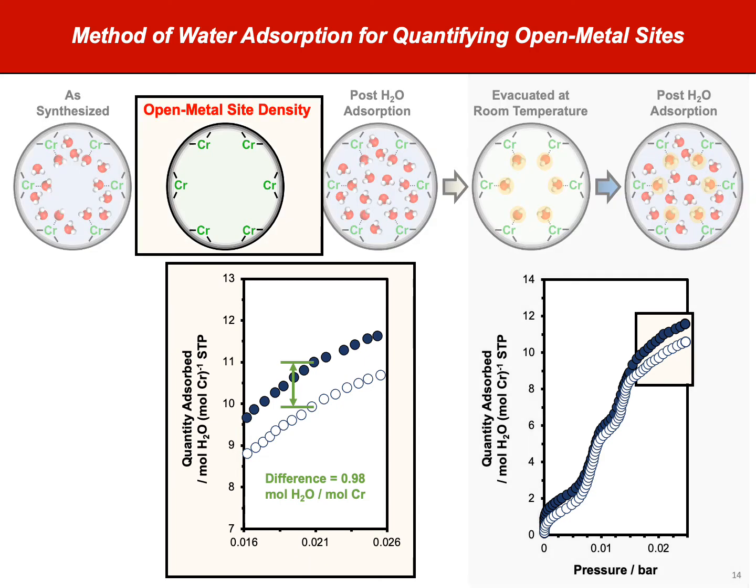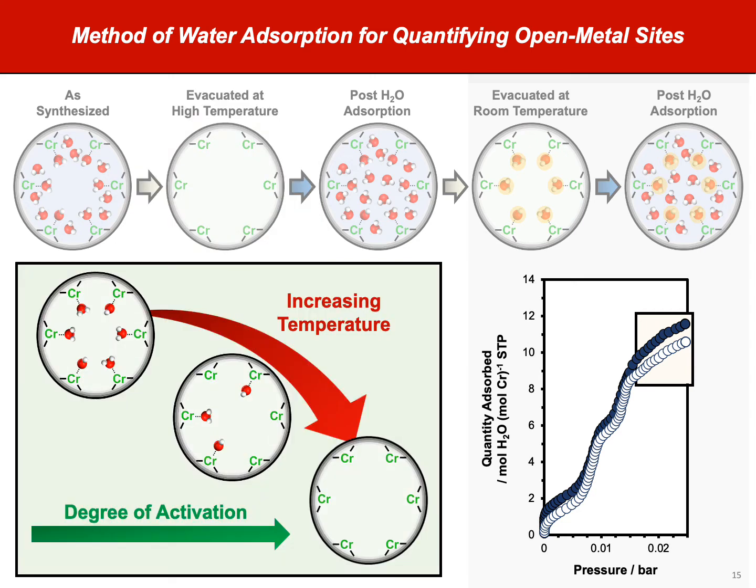So obviously, we're looking at the material that has all of the potential open metal chromium available as open metal sites. What we expect is that by varying systematically the activation temperature, we can go from no open metal sites at lower temperatures to activating all of the open metal sites at higher temperatures.